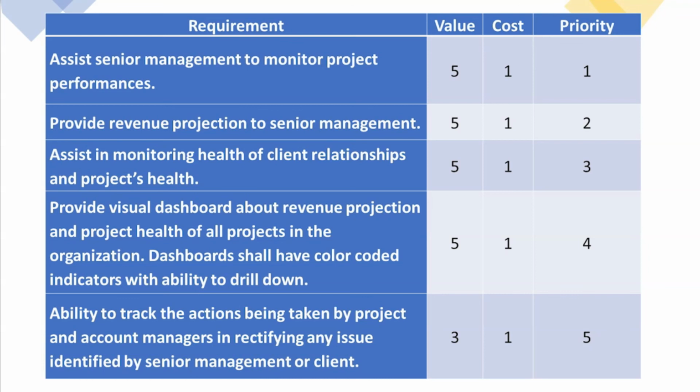We basically divide the value by the cost, and wherever the value is much higher than the cost, that automatically picks up a higher priority number, and hence we have put a priority 1, 2, 3, 4, 5 to the requirements that we have received from our stakeholders.